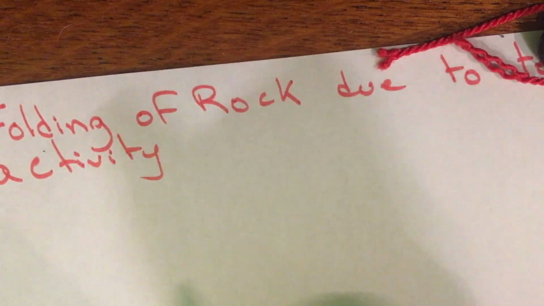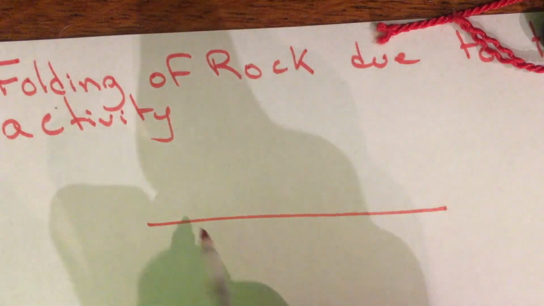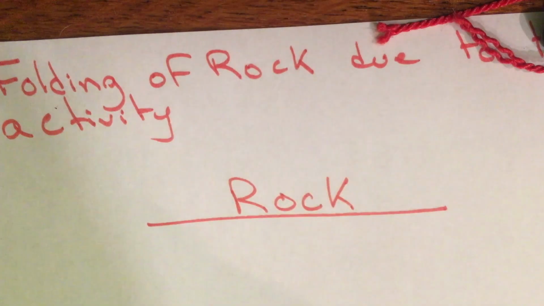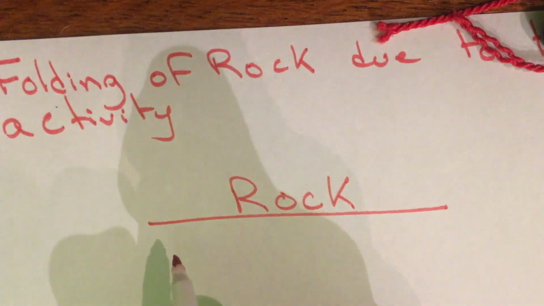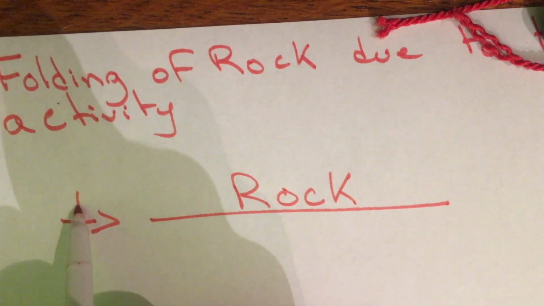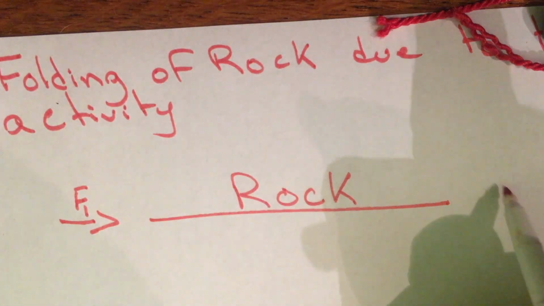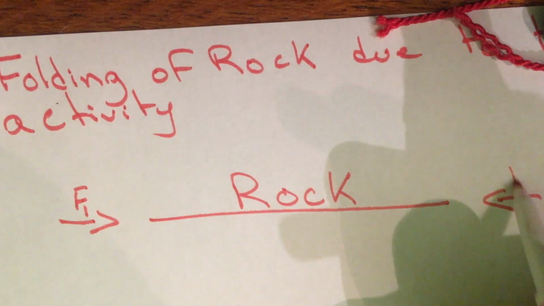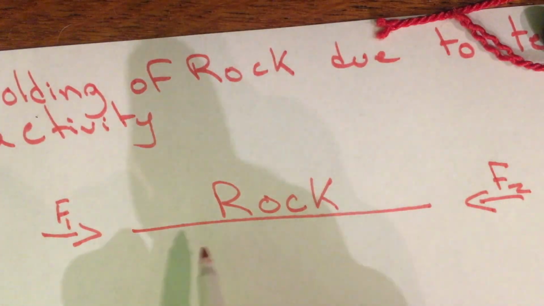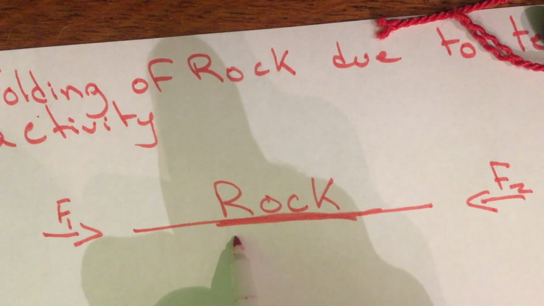So pretty much what happens here is, let's just say we got a straight thing of rock, right? And due to some forces, there's going to be a force, we're just going to call it F1, and another force that we're going to call F2, pushing against the rock here, causing it to compress.